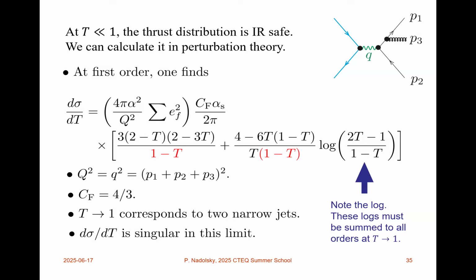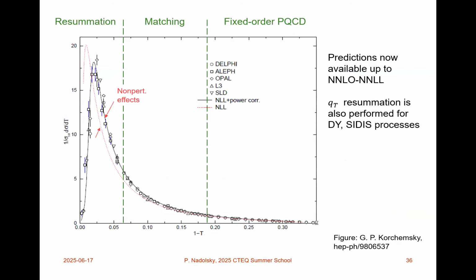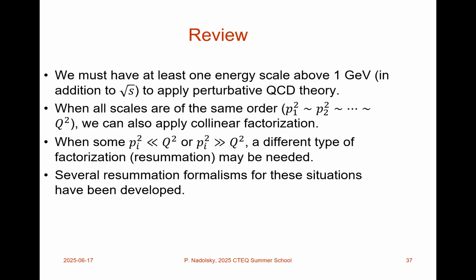All right, so I think that's all that I wanted to tell you, and just to summarize this resummation part, right? The point here is the following: we must have at least one energy scale above 1 GeV, to have a small perturbative coupling in applied perturbation theory. When all scales are of the same order, we can just apply the collinear factorization.